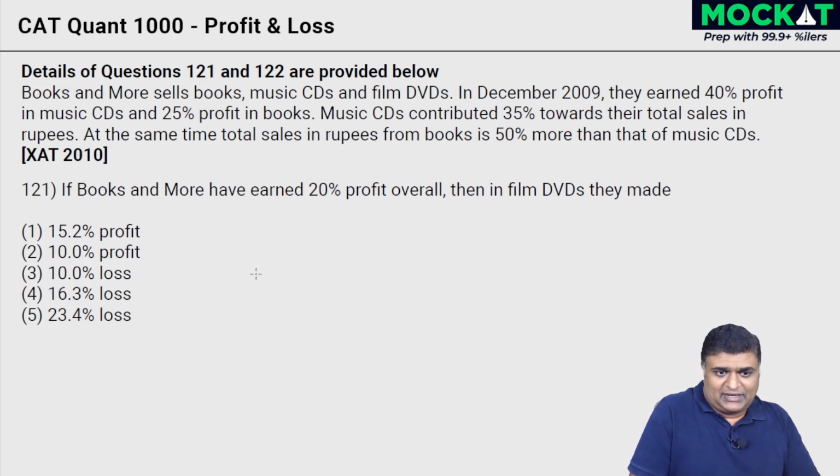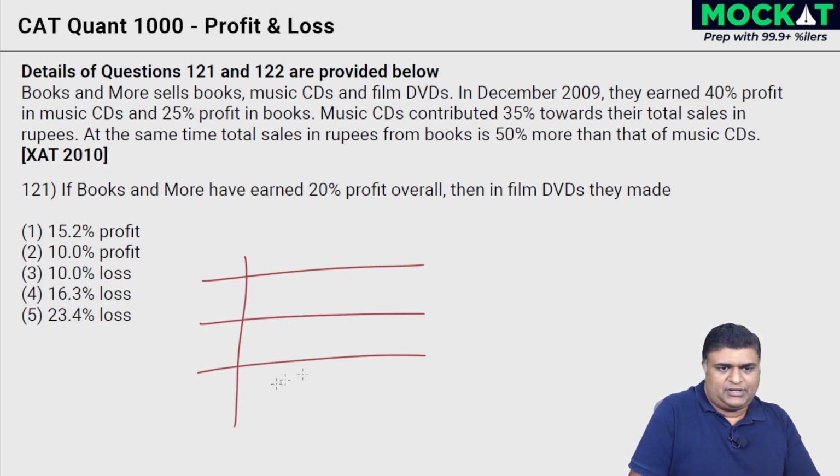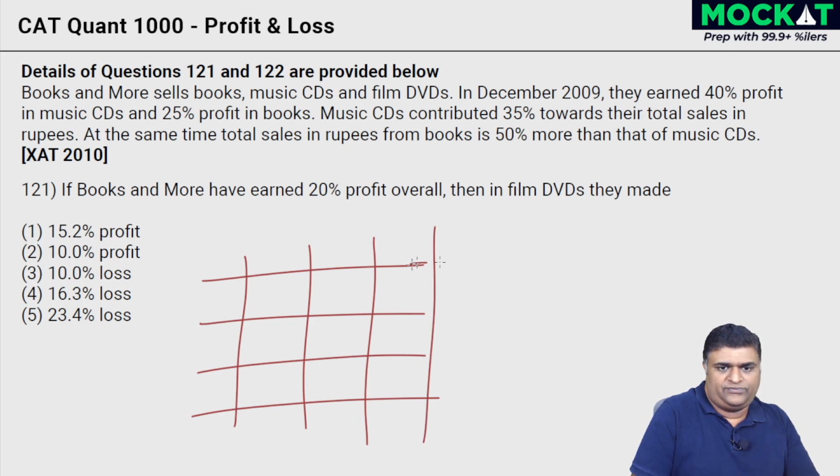So in this kind of scenario, you can go for a tabular structure. Let's do it freehand over here. I have a total of three items. There was a 40% profit on music CDs, and 25% profit on books.